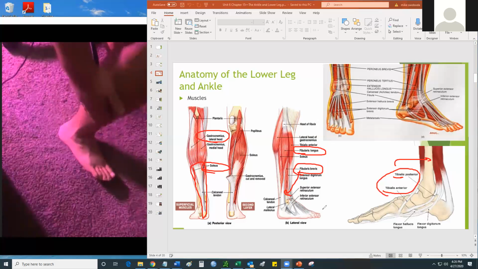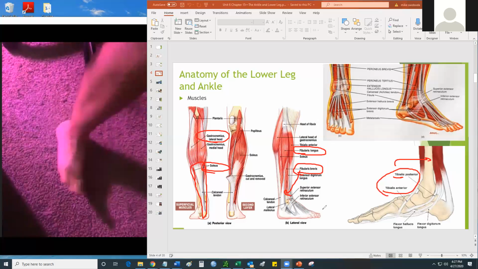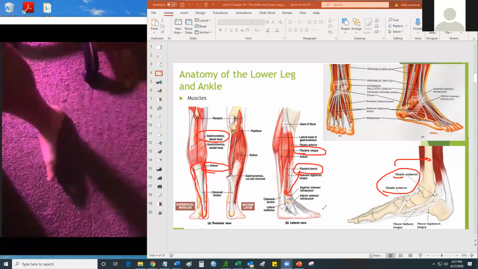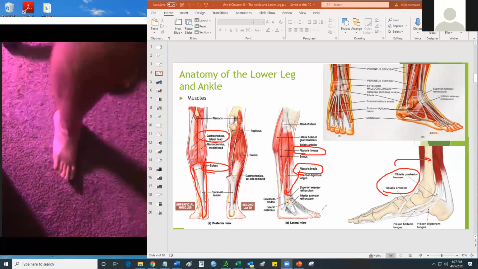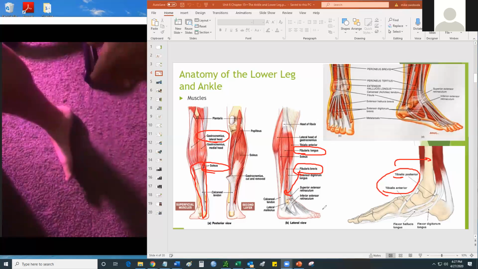And that is your fibularis muscle. It's responsible for doing eversion, or taking your foot away from you. Inversion rolls your foot in, eversion rolls your foot away. An inversion ankle sprain, which we'll talk about in a couple minutes, is the most common injury you're going to have in sports.